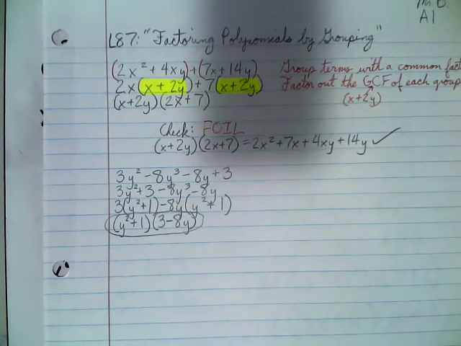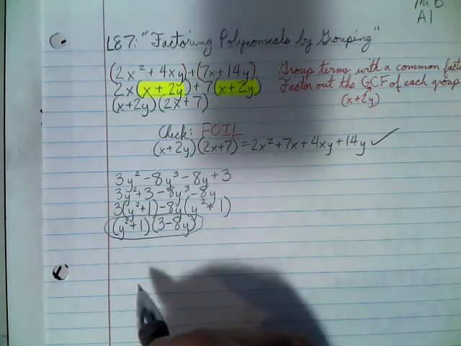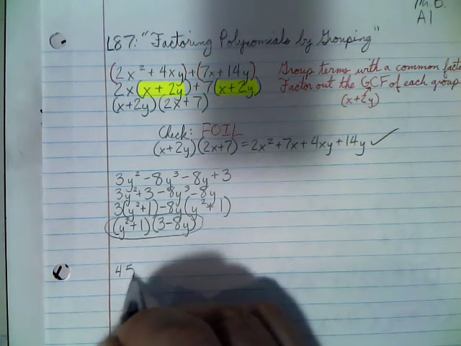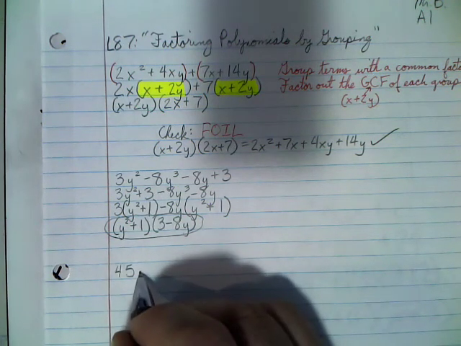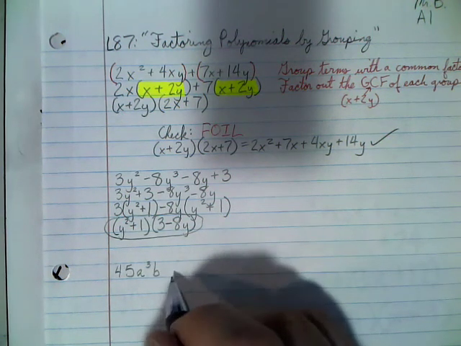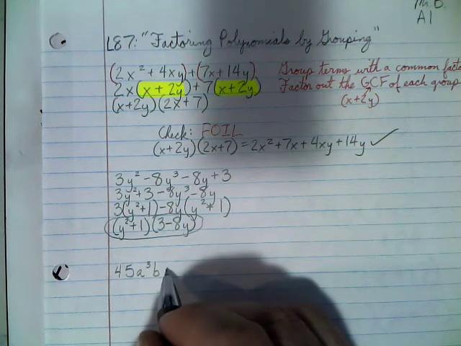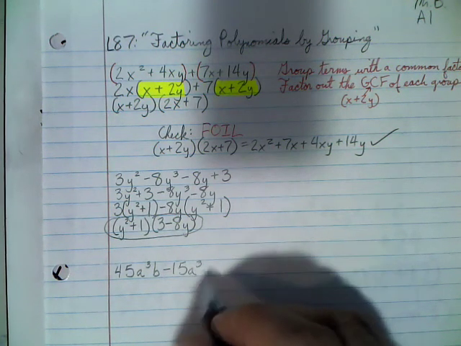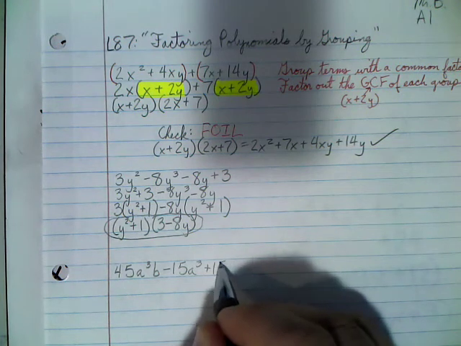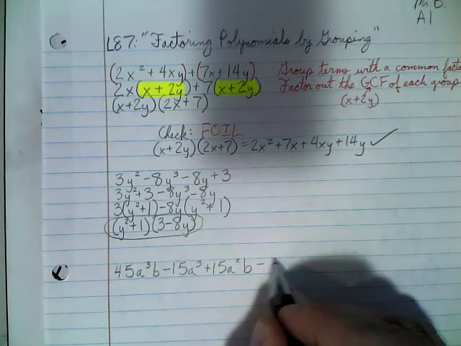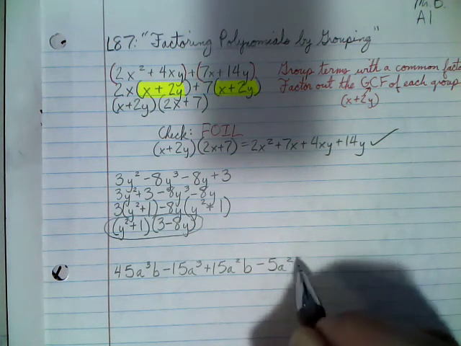All right, next example here. Let's take a look at 45a cubed b, and then minus 15a cubed plus 15a squared b minus 5a squared.